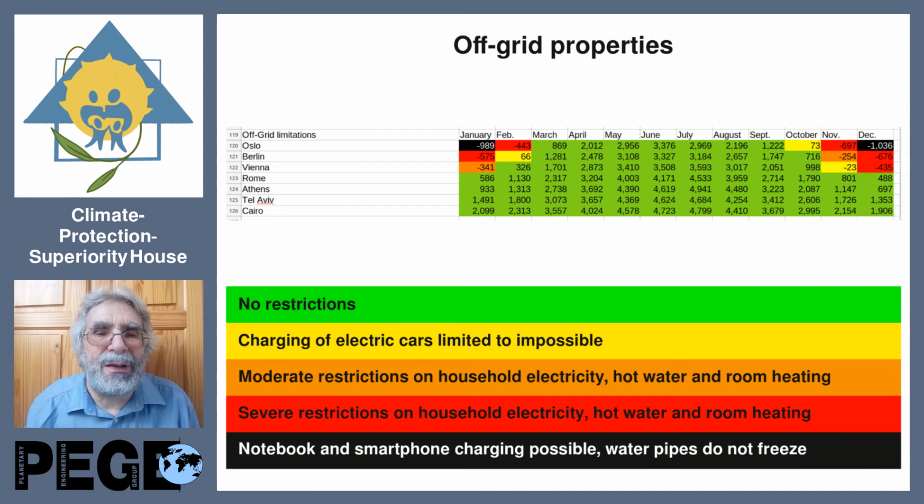Black we have only in December and January in Oslo, because it's so far in the north that there is in December and January so few solar electric power that more is not possible. In any other locations, you have most time of the year no restrictions, and Rome down to the equator, no restrictions. You have always more energy than you need.